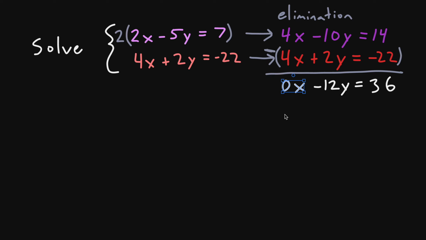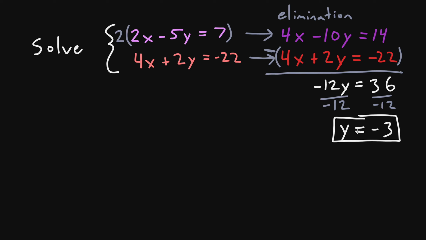We really don't need to include this. We can just think of this as negative 12y because it's the same thing. Well, now we know how to solve this. Divide by negative 12, divide by negative 12, and you get y equals negative 3. Hey, that's not bad. y equals negative 3.